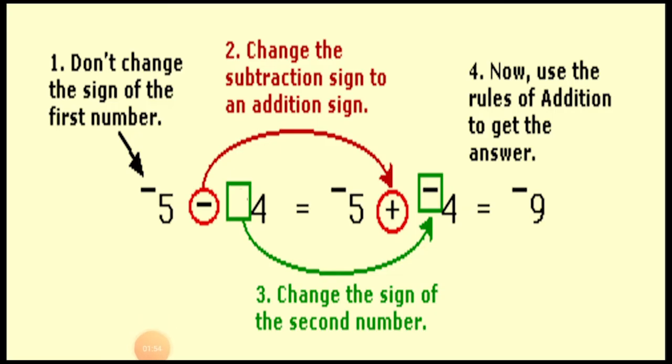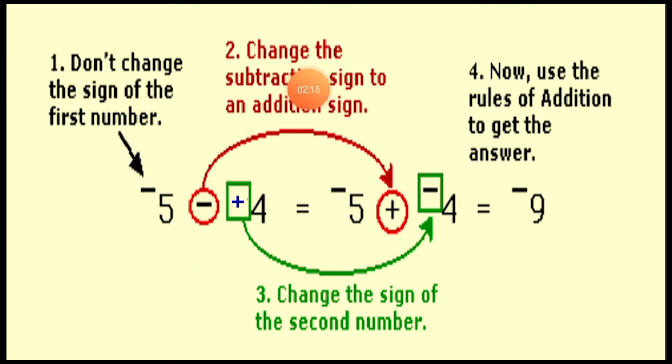Fine, so now let's revise what we learned right now. Let's have a quick recap. So children, for any given integer which we want to subtract, first of all, we don't change the sign of the first number, we keep it as it is.